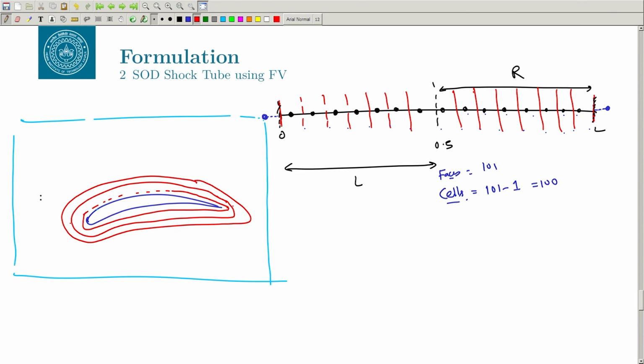And then if you go away, let us say this is your domain like this, you can have a very nice grid near the body. And of course, when you go away you have to match to the boundary that you have. So, you can put some very nice boundary layer grid here.